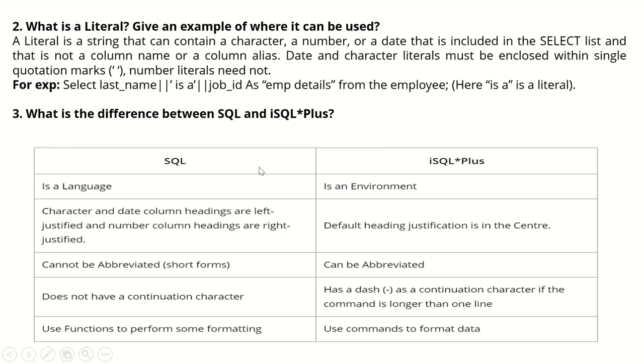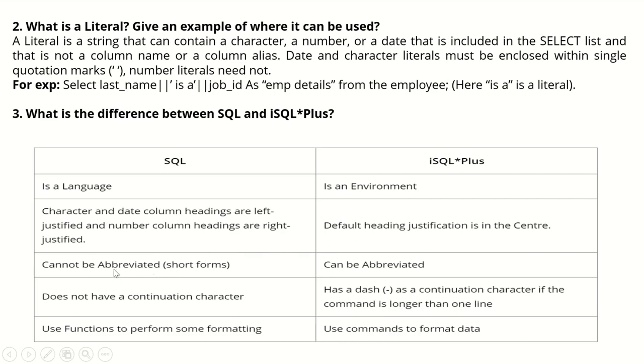So what is the difference between SQL and iSQL*Plus? Okay, this is also very important. SQL is a language and iSQL*Plus is an environment. In iSQL*Plus, character and date column headings are left justified and number column headings are right justified, whereas in SQL the default heading justification is in the center.